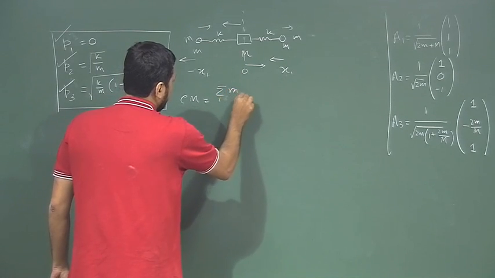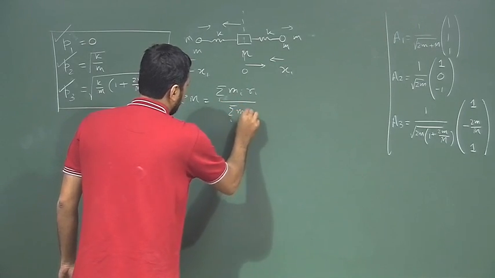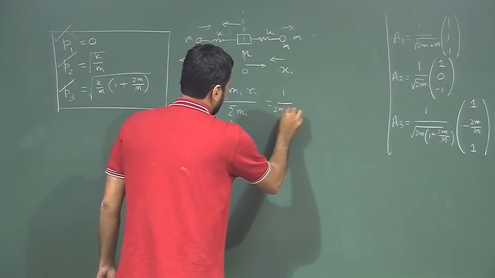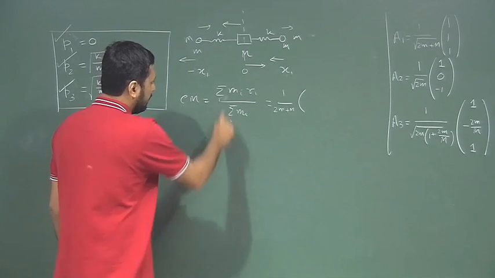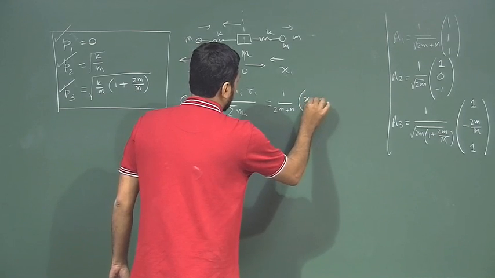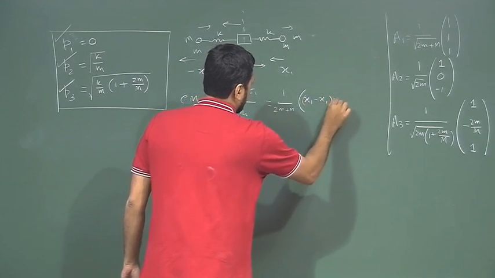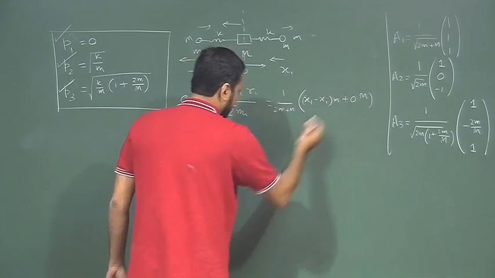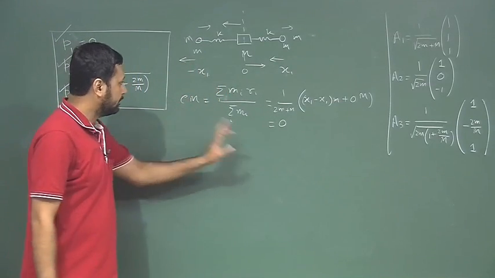Sum over i of m_i r_i divided by sum over i of m_i, right. So, the lower sum will be 2m plus M, and from here we have x1 minus x1 times m plus 0 times capital M. This will also cancel, which will give you a 0. So, center of mass at equilibrium is at 0.